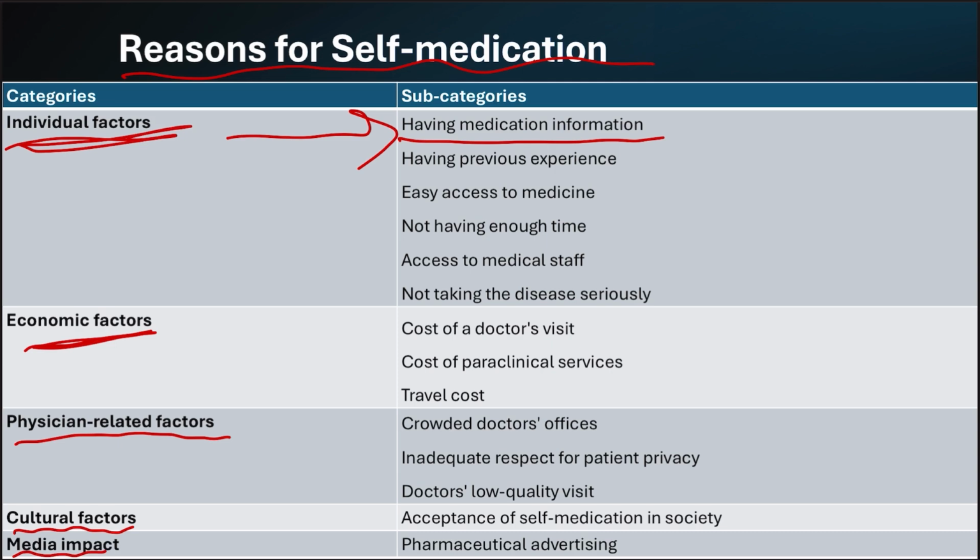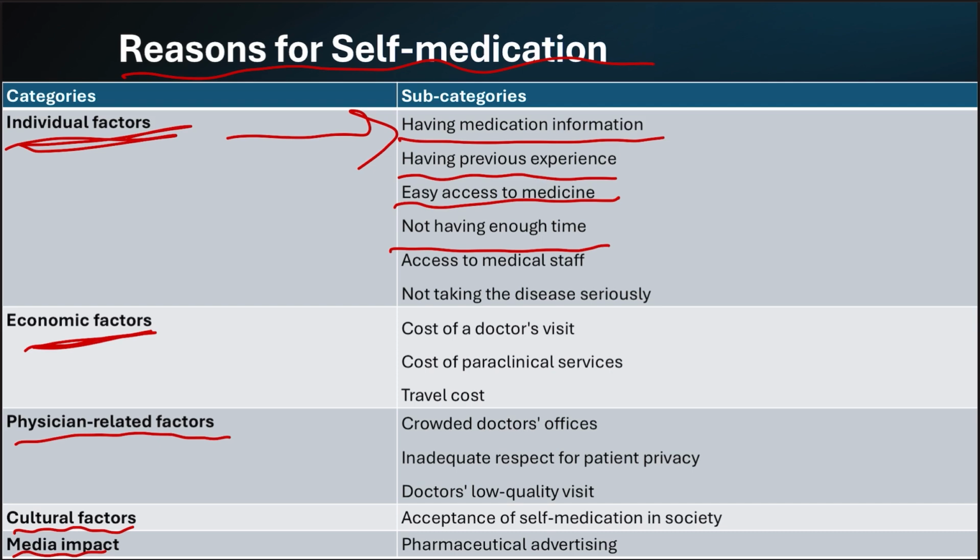If the individual has previous experience with the same medication that relieved the symptoms earlier and is now facing the same symptom, then also that person will try self-medication. If the individual has easy access to the medicine, that promotes self-medication. If the individual has less time to go and consult a doctor, then also the individual can self-medicate.